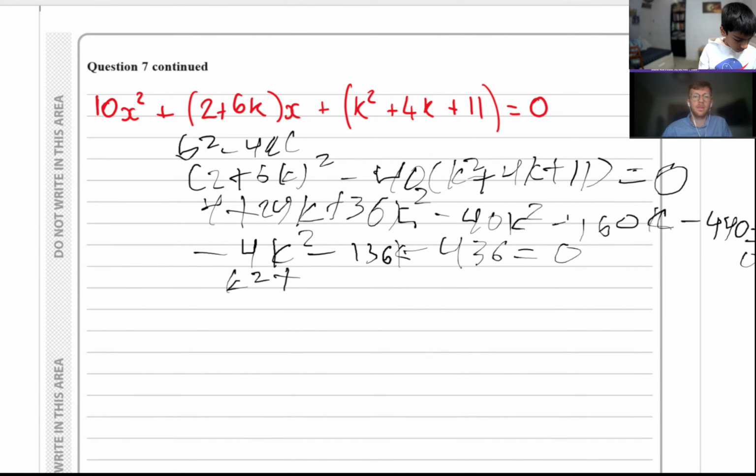Then 136 divided by 4 is 34, and 436 divided by 4 is 109.